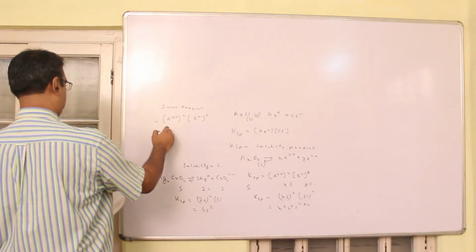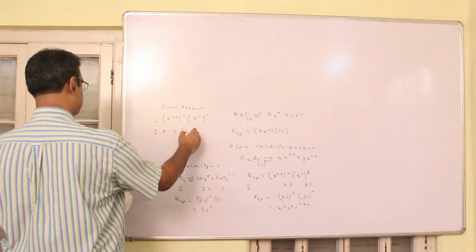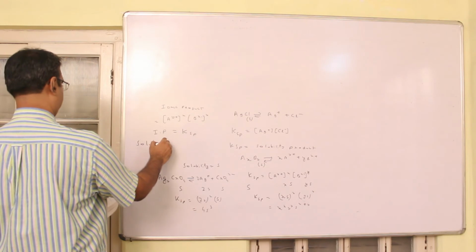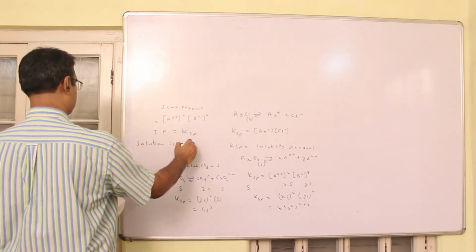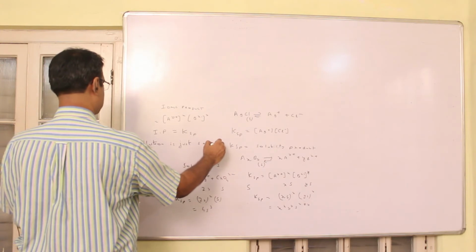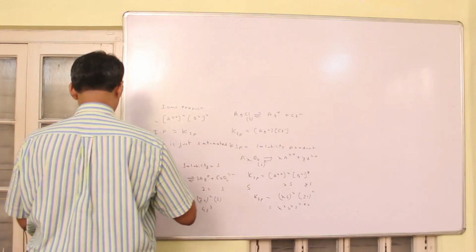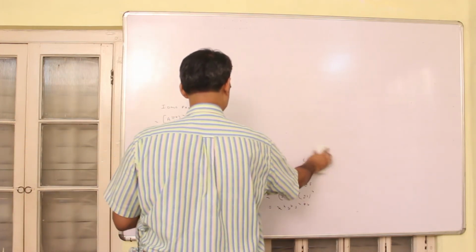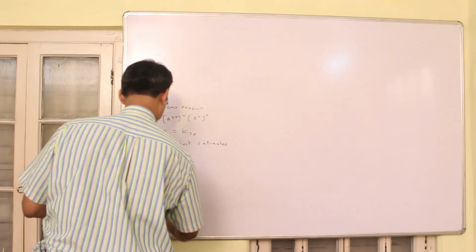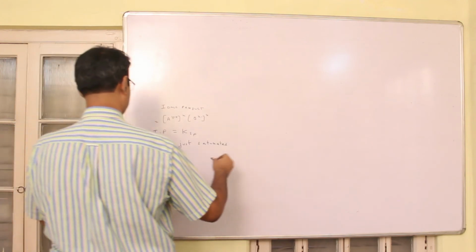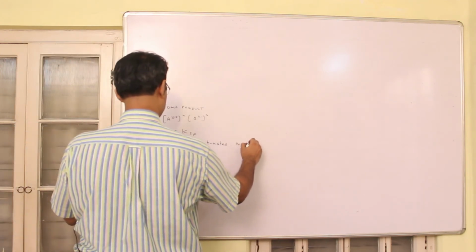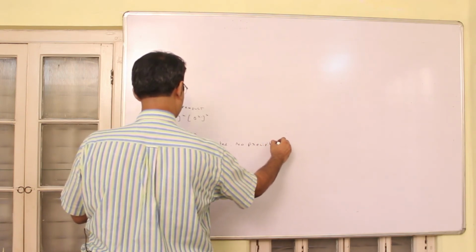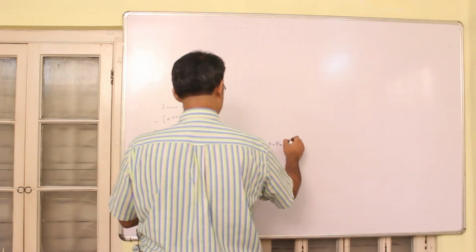So if the ionic product is equal to the solubility product, that means the solution is just saturated and no precipitation takes place.